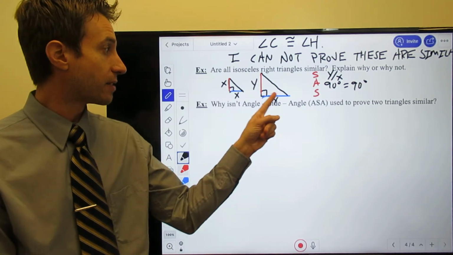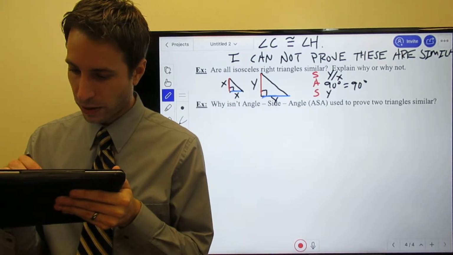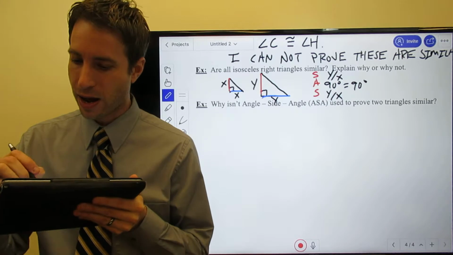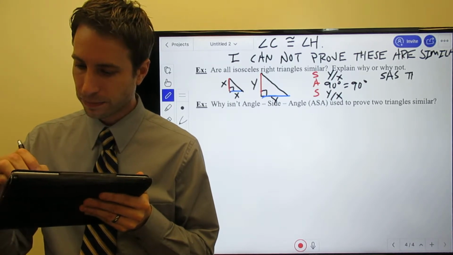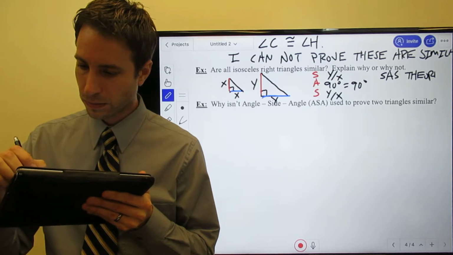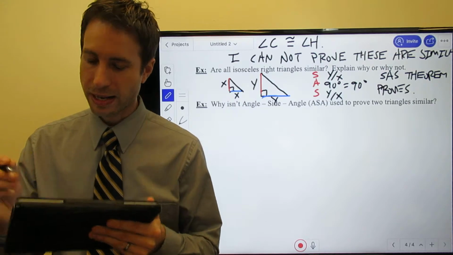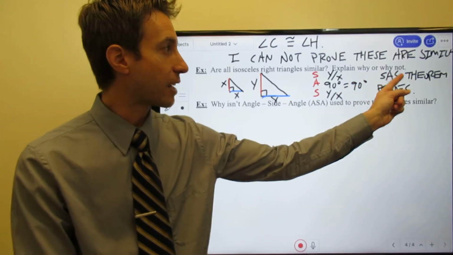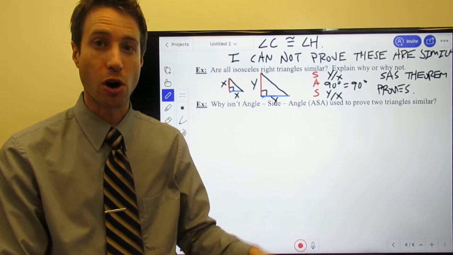Do the longer side divided by the shorter side, y over x. And sure enough, the side-angle-side theorem proves that all isosceles right triangles are similar.